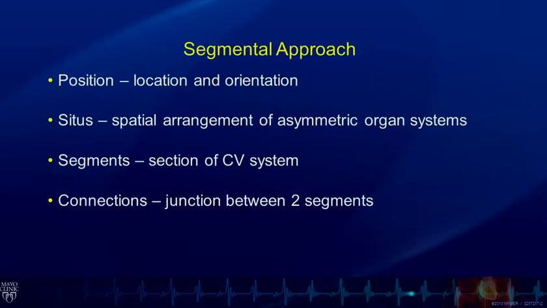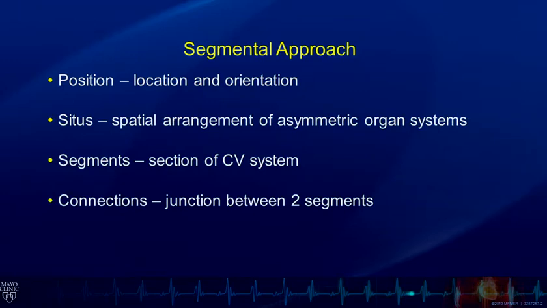Thanks very much for that introduction. Today we're going to talk about a systematic approach to the echo assessment of adults with congenital heart disease. The segmental approach is very important. We want to identify the position of the heart, that's the location and orientation, also the situs, which refers to the visceral and atrial situs, and that's the spatial arrangement of the asymmetric organ systems.